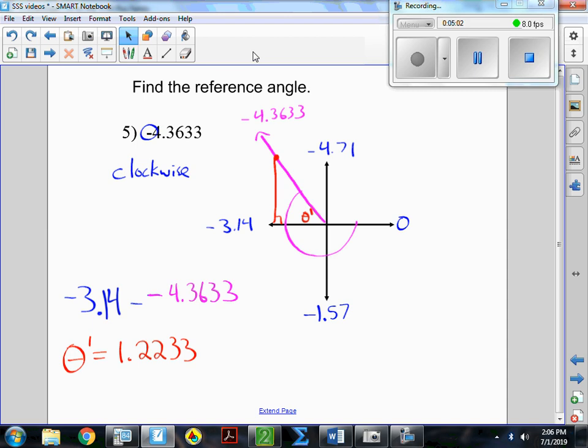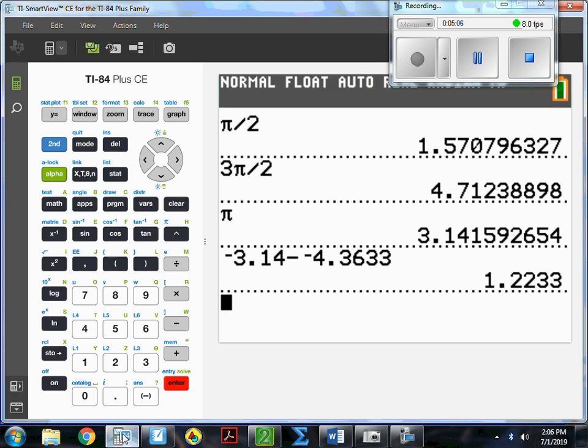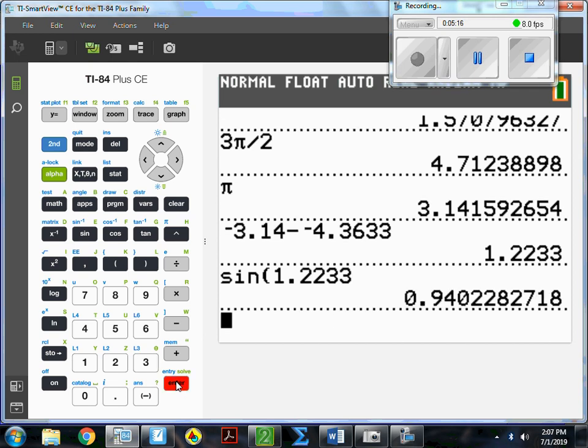So again, if I took the sine of 1.2233 in my calculator, that's a sine of 1.2233 radians, I get 0.94. If I take the sine of negative 4.3633, I should get the exact same decimal value.